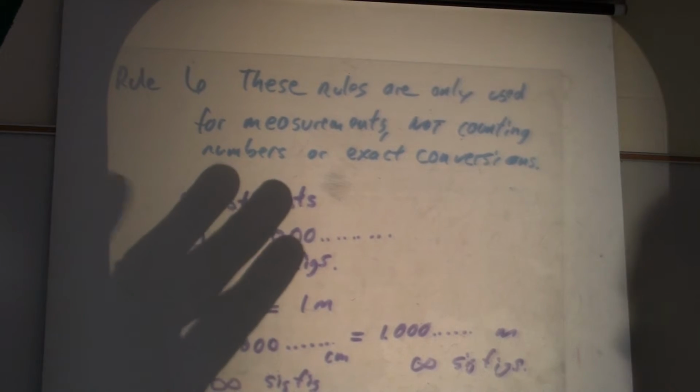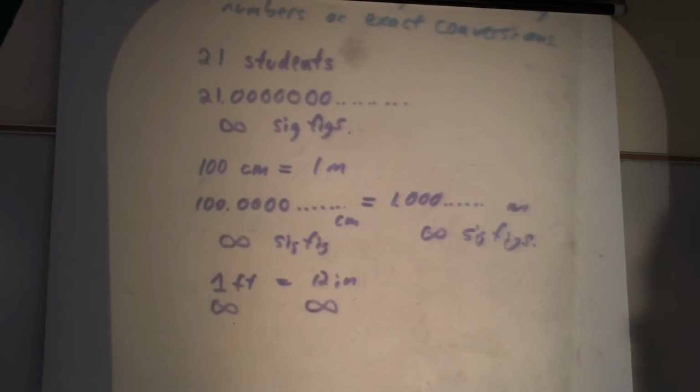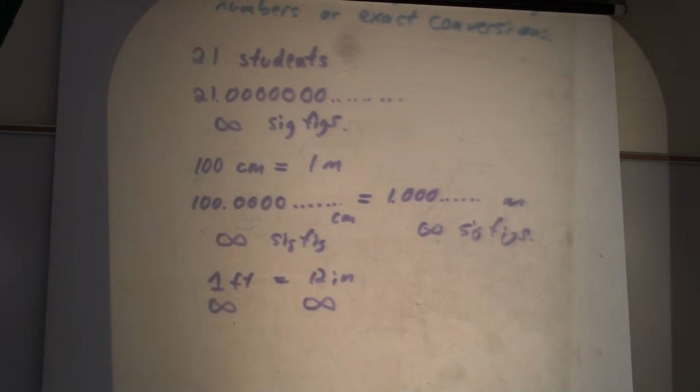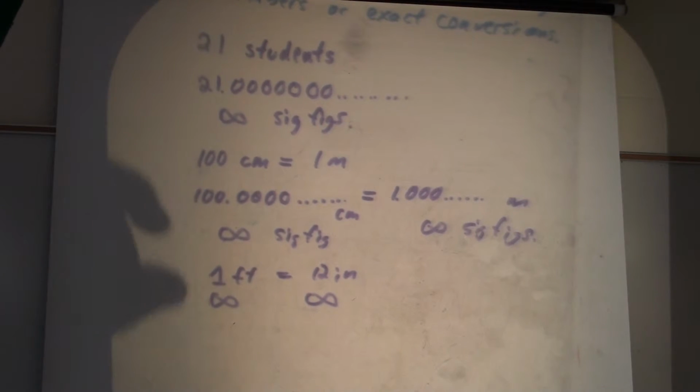So it's really 1.00000 and 12.0000 out to infinity. It will take a little bit of practice figuring out counting numbers versus measurements. So any questions on rule number 6?